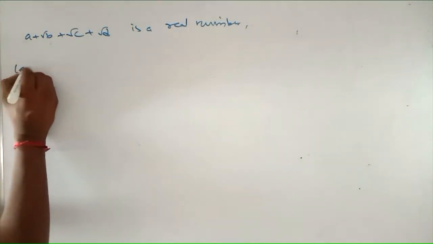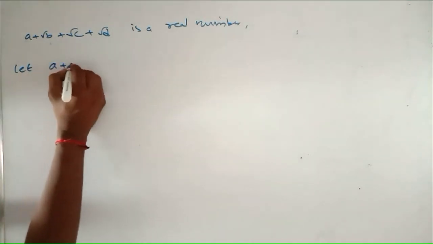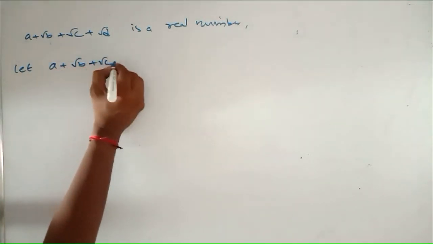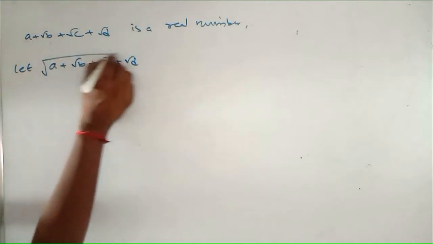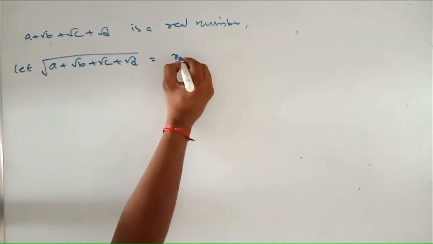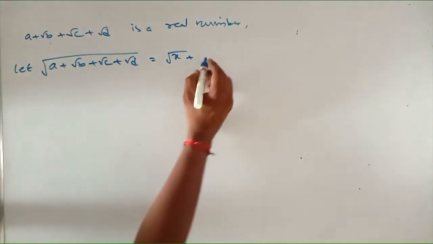So here let the square root of a plus root b plus root c plus root d be equal to root x plus root y plus root z, because all the plus terms are there, I am taking the plus values only.